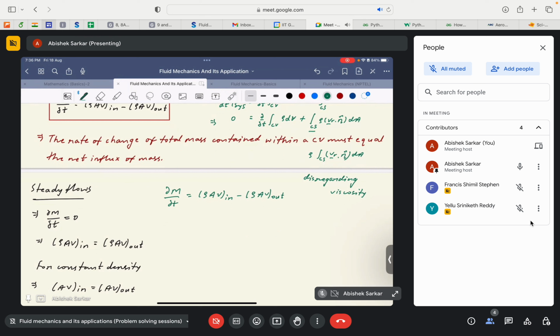Any control volume would inherently have a control surface adhering to its boundaries. So rather than evaluating a volume integral, we will be dealing with an area integral in this case. But even if you are questioning the validity of the control volume approach, this integral can be transformed into a control volume integral by applying the Gauss divergence theorem, given that the control surface covers or engulfs the entire control volume.